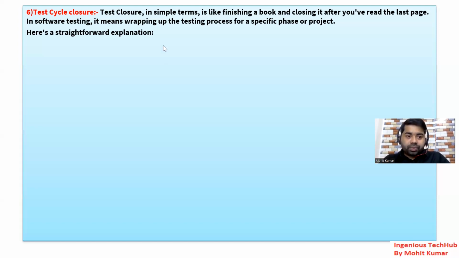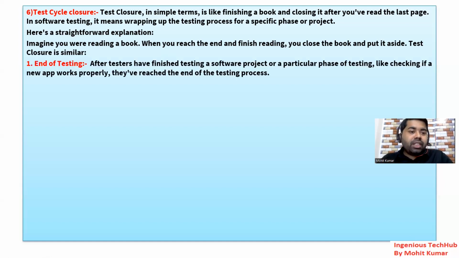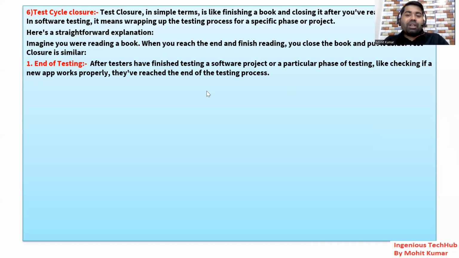Understood, right? Here is the straightforward explanation. Imagine you are reading a book. When you reach the end and finish reading, you close the book and put it aside, and test closure is also similar. I have given one example for the book as well, so that example will help you understand what test cycle closure is.